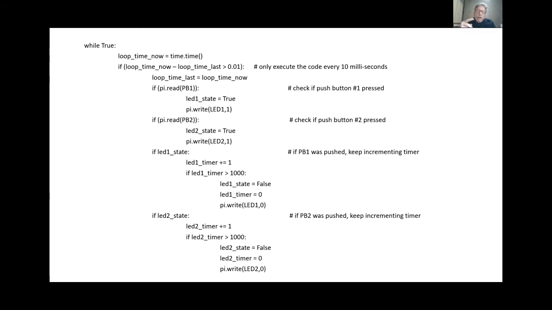So I say, if I've been around this loop 1,000 times, then set the LED state to false, turn off the LED, and reset the timer. And so I don't use the sleep function, because that's a blocking function. I just do it with counters like that.